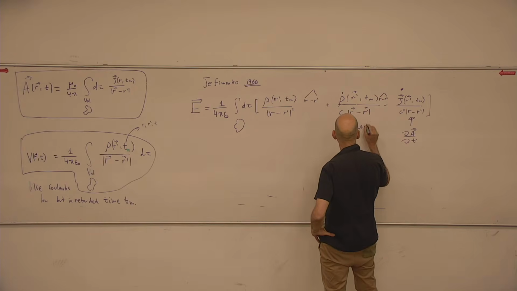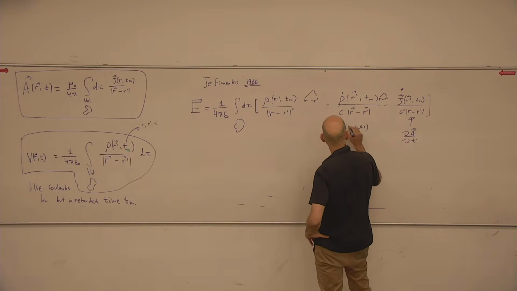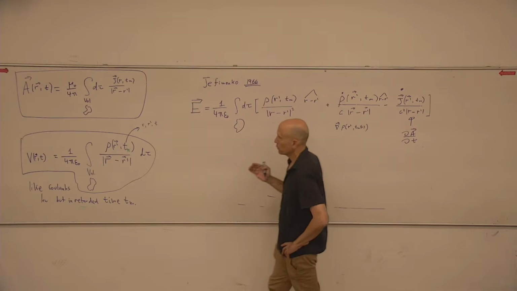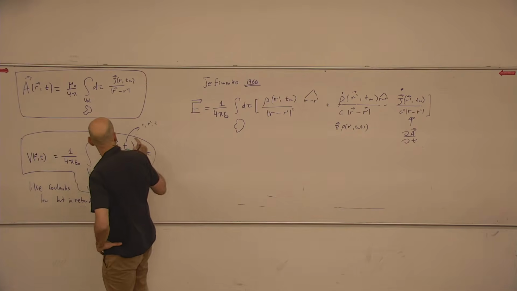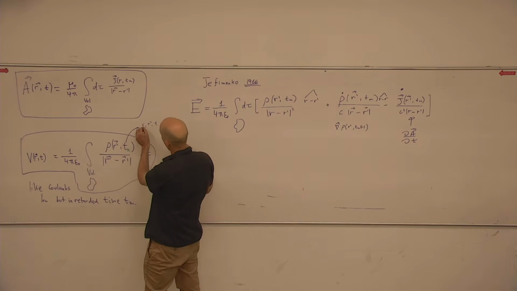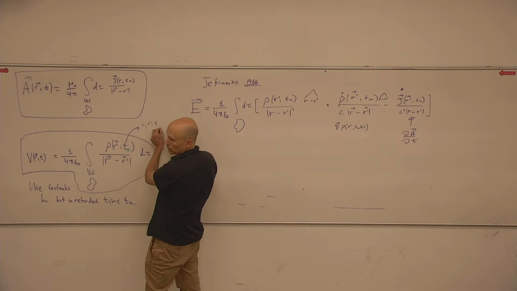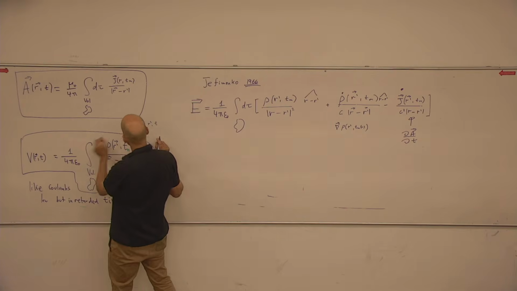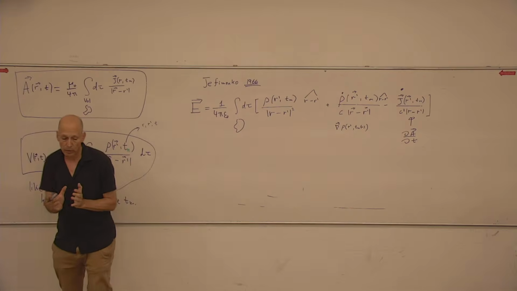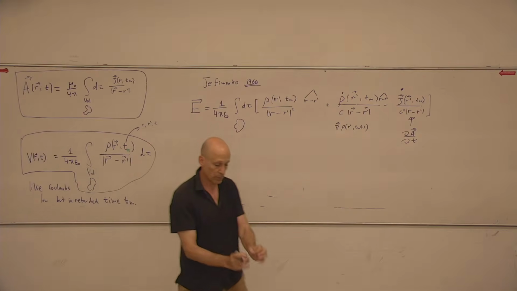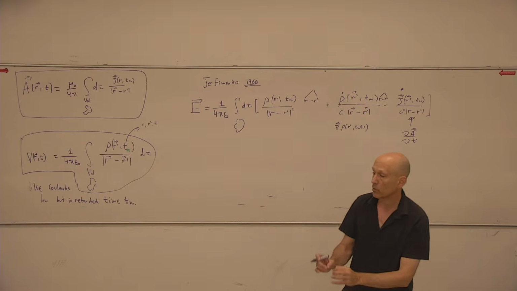Again, Tm is a function of R, R prime, and T. When you take the time derivative, you take it with respect to T, not with respect to Tm. When you take the spatial derivative, you take it with respect to R. Why? Because you are calculating the fields E and B at a specific point at a specific time T, laboratory time.